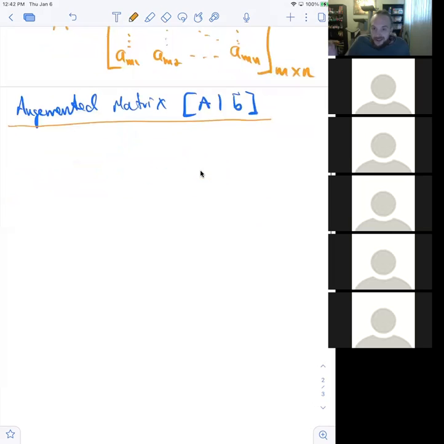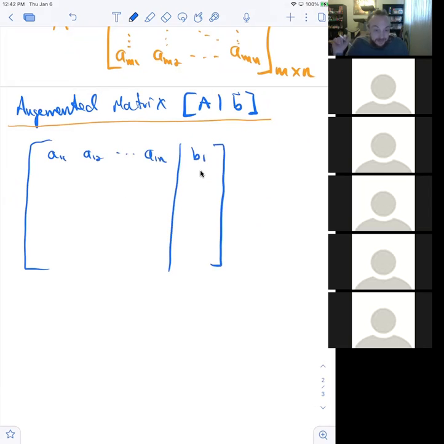This is going to be the coefficient matrix equals our column vector. So this will be equal to A11, A12, dot, dot, dot, A1n. And then we just had a B1. The line is the equal sign, essentially. And then we have A21, A22, A2n, B2.